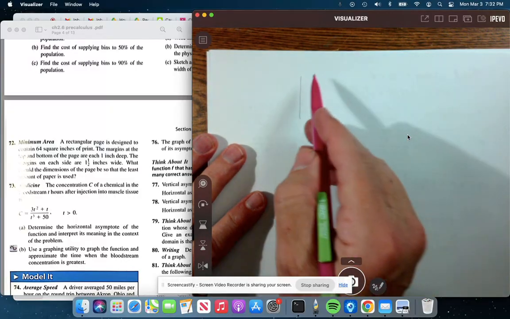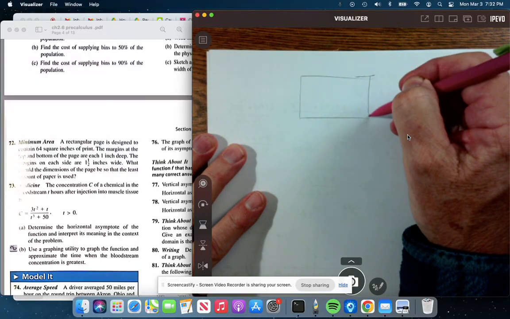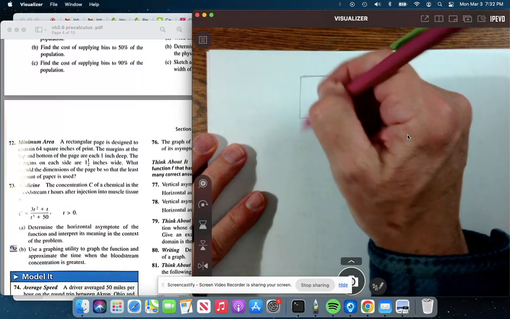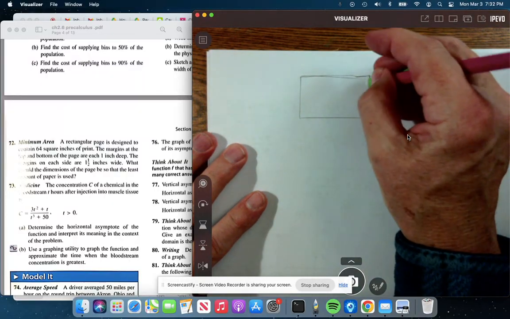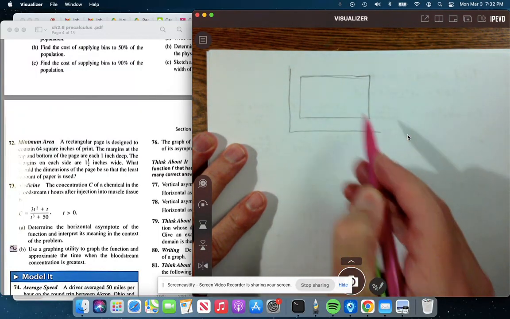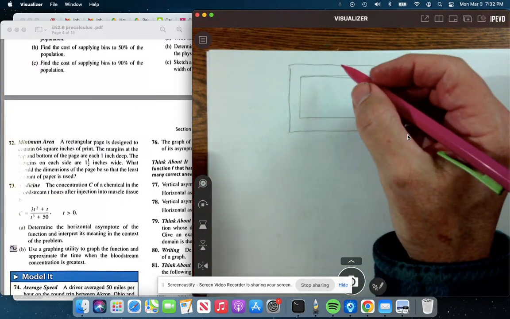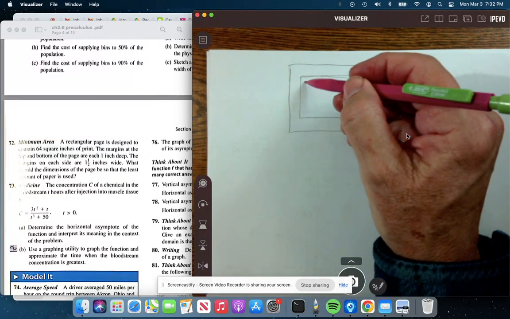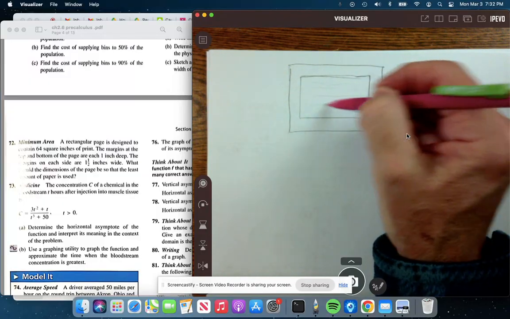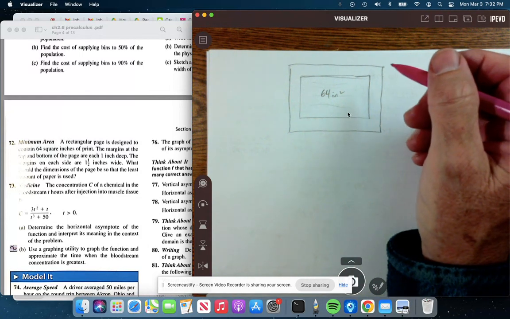So let's say your paper looks like this. And there's a border around the paper, like a picture frame, kind of. And this is where the words are written here, right? And this is supposed to be 64 inches squared right here.